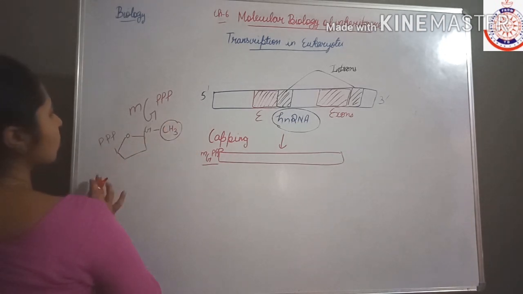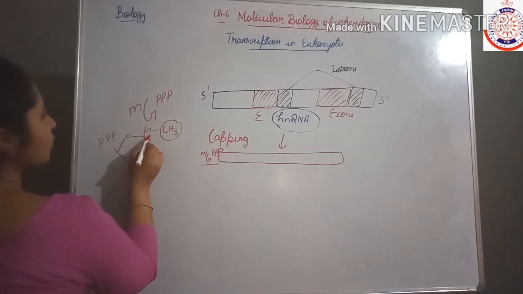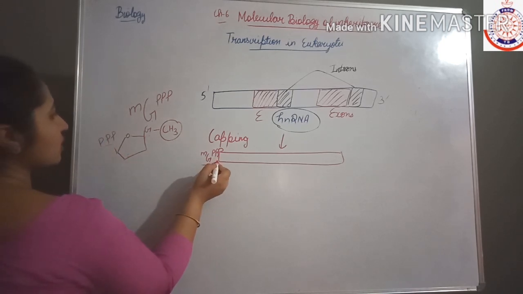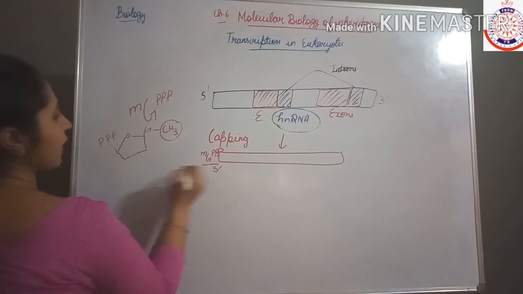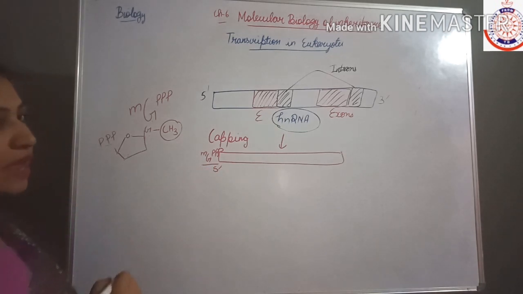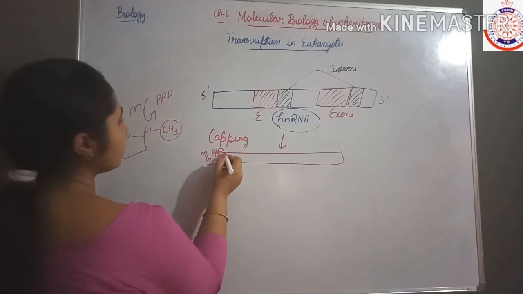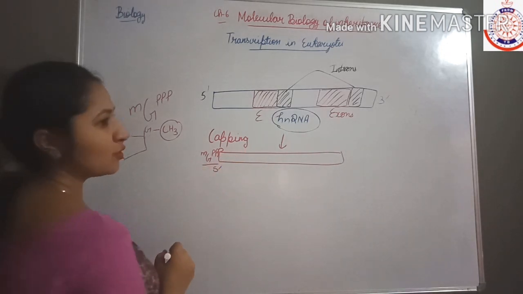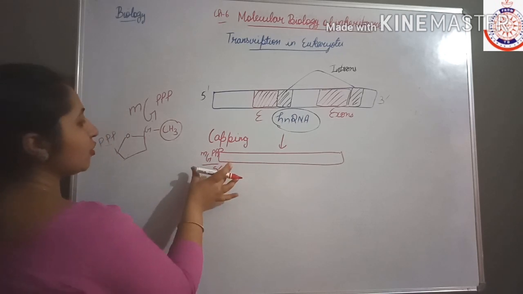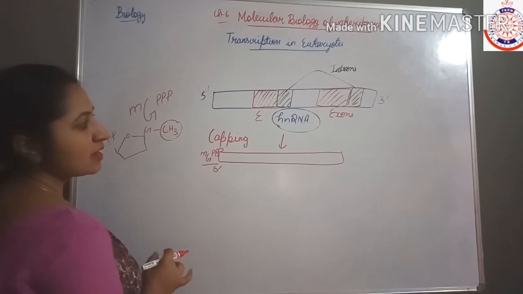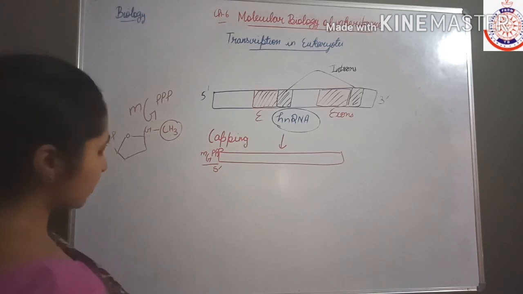This will be added at the 5 prime end, and it is responsible for protecting the 5 prime end from hydrolytic enzymes, and it also provides the attachment point for the ribosomes during translation.